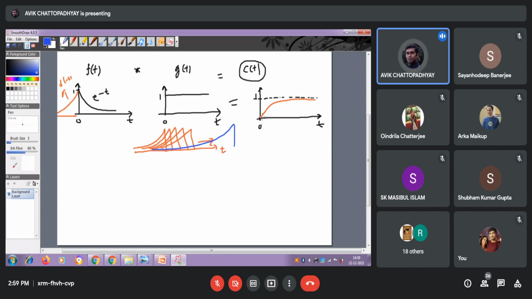Look at this first one: area increasing, then again increasing more, but the pace at which it increases in the initial stages, for lower values of t, will be reduced, and gradually it starts to take the value equal to 1. But again, that may take until infinity. So this is the nature.